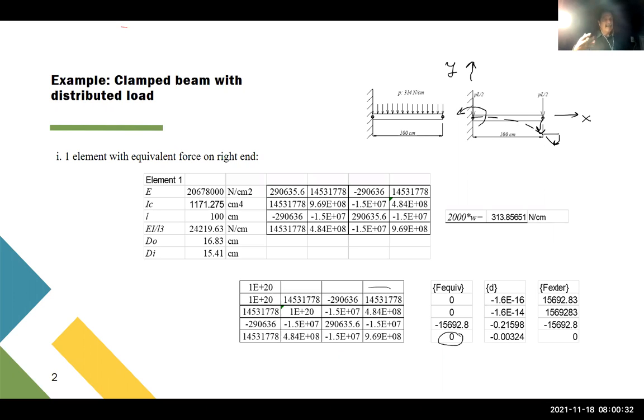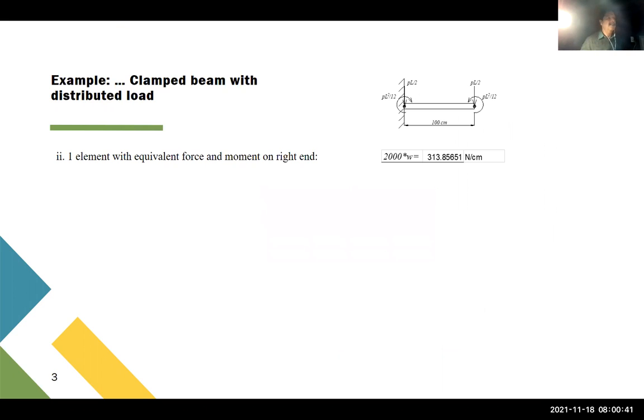Now let's try to apply this concept of equivalent forces that we have deduced using this minimum potential energy approach. So let's take this. Remember we had this distributed force. So we have half of that into here, and then on this end, since we're pushing downward, you're going to have a moment like that.